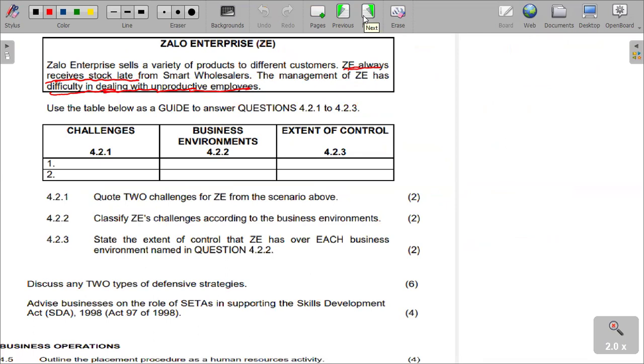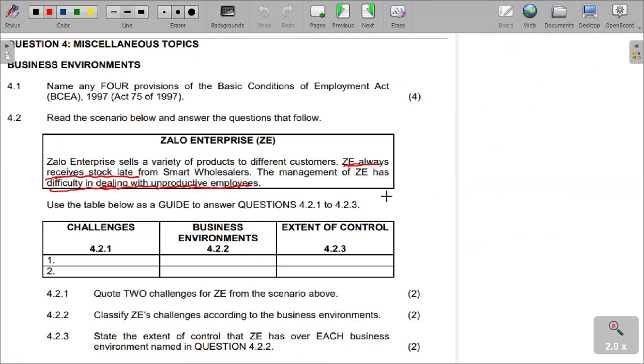Question number 4. The question would also want us to read a scenario and then answer the questions that follow. As you can see, question number 4 looks at the business environment, which is more or less similar to the question that we have answered in the previous question.